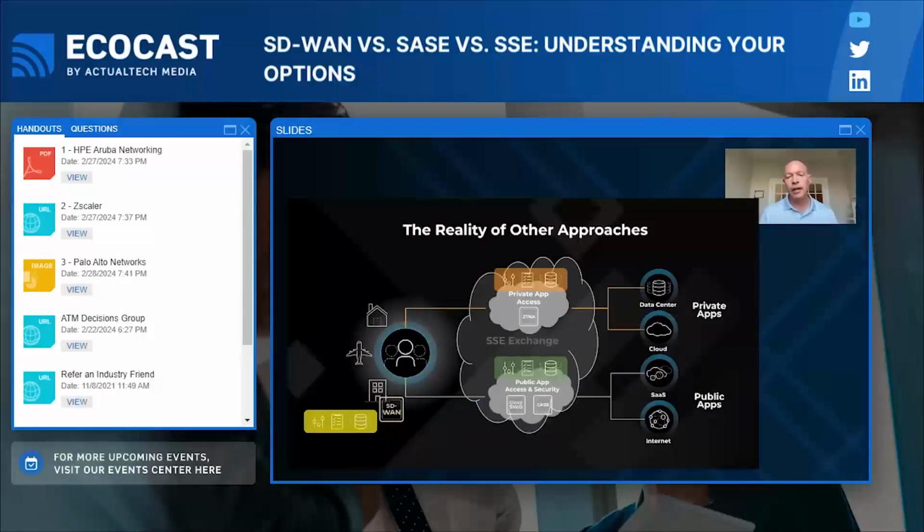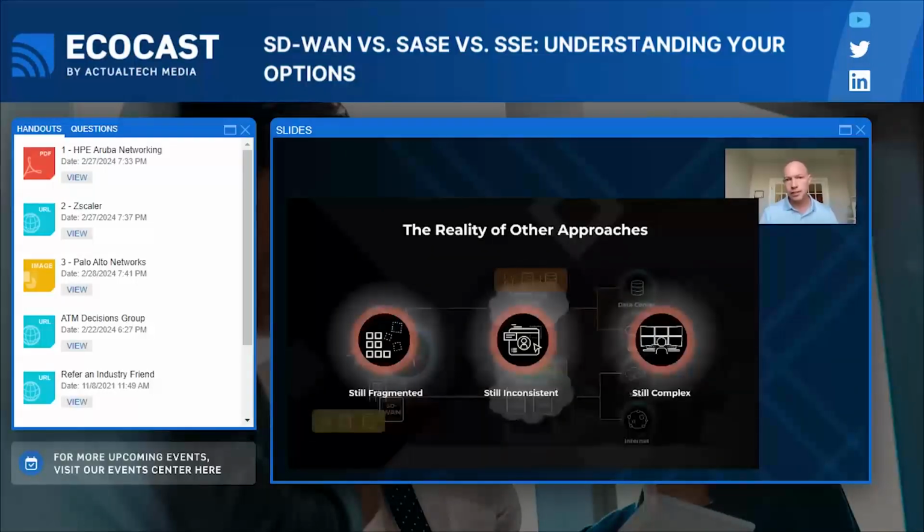However, we still have that fragmentation, because it's different policies. We still have inconsistency because we don't have rationalization of access and security controls across all of these things. So we're still somewhat complicated, right? And so we do need to rethink how we want to do things, not just from our current state, but what is actually out there and what's going to achieve the outcomes we want to achieve.